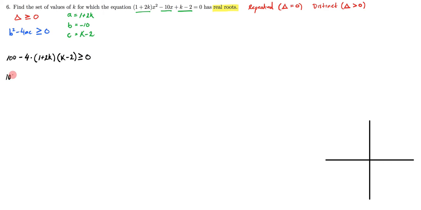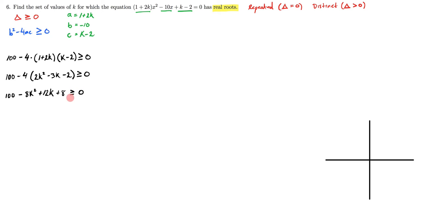Then I'm going to go 100 minus 4, and I'm going to expand out these brackets, and by expanding them out, I'm going to be left with 2k squared minus 3k minus 2 is greater than or equal to 0. I then am going to expand out that bracket by timesing everything by negative 4, so I'm going to be left with 100 minus 8k squared plus 12k plus 8 is greater than or equal to 0.